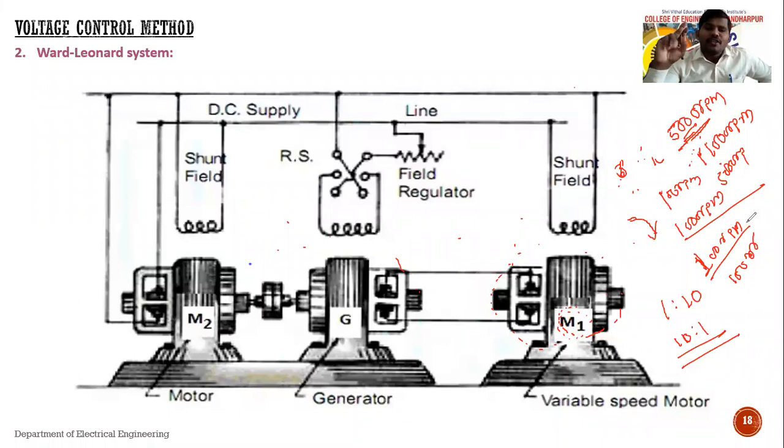Also, this speed can be achieved in both directions. That means it is achieved in the forward direction also, and in the backward direction also. All of you understood this point? The speed can be controlled by using a Ward-Leonard system in the range of 1:10 and 10:1.